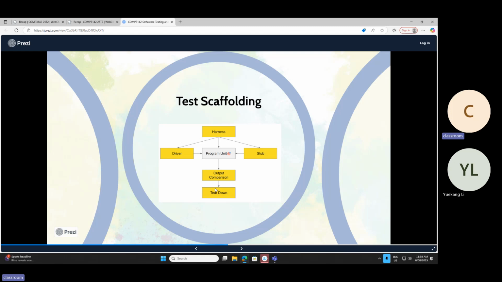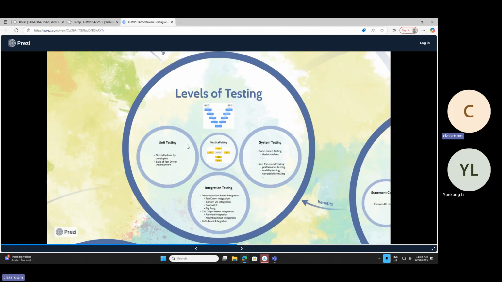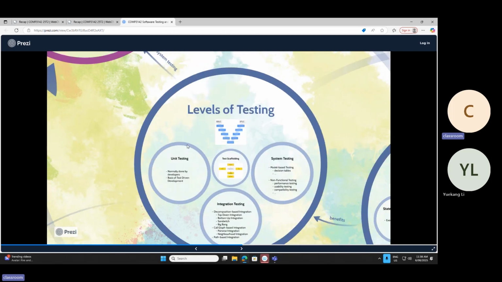And then we also need to do tear down, right? Which is related to releasing the resources we have used during testing, right? Or to reset the system state during testing. So we need to do all these when we write unit tests. And that's all the concepts we have learned for different levels of testing.